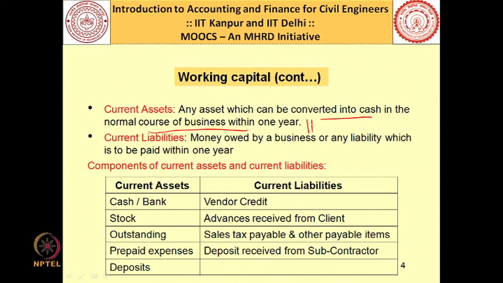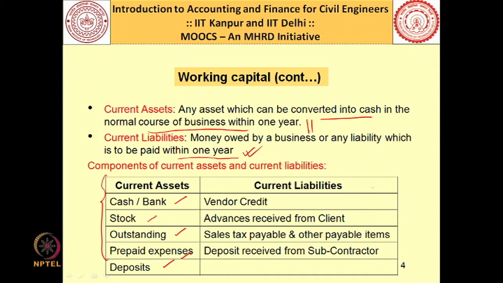Likewise, current liabilities is the money that you owe and which is to be paid within a time frame of 1 year. Some of the examples of current assets and current liabilities are given in this particular slide: cash, bank balance, stocks, outstandings, prepaid expenses, deposits. These are some of the examples of current assets.